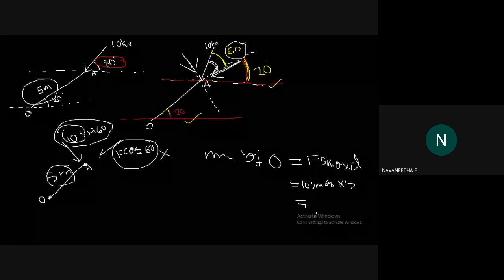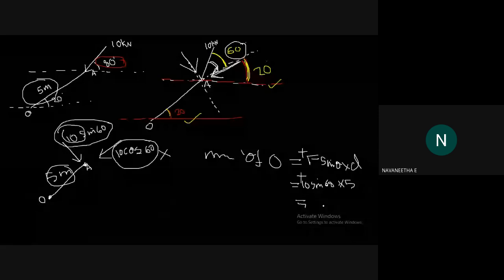Another thing you need to consider before telling this, I said that we need to consider the sign of the moment. So what is the sign of the moment here? What is the rotational effect? What is the direction of rotation here? Clockwise. So clockwise is positive. Before calculating the final answer, you should consider the sign.